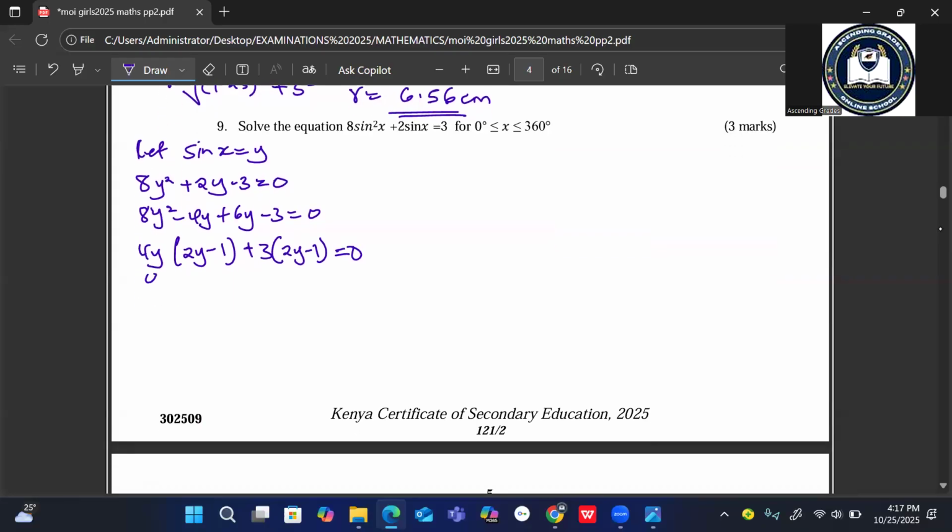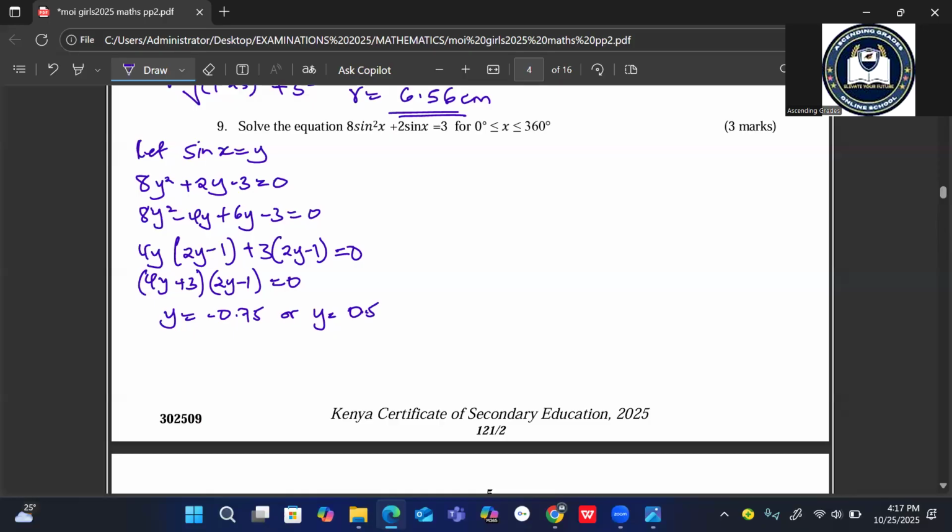So 4y plus 3, then 2y minus 1 gives us 0. So that means our y is going to be negative 0.75, or y is going to be 0.5.